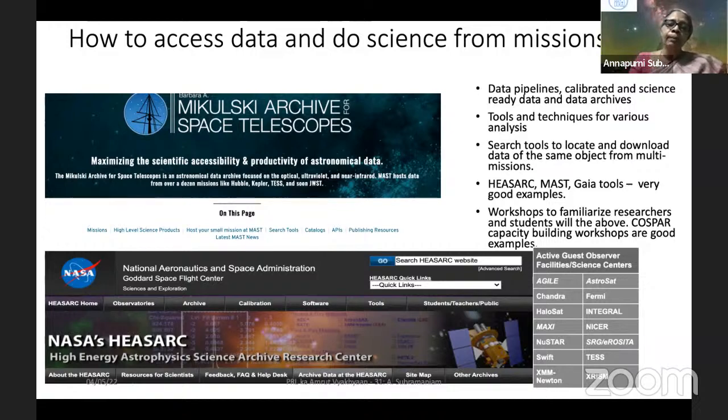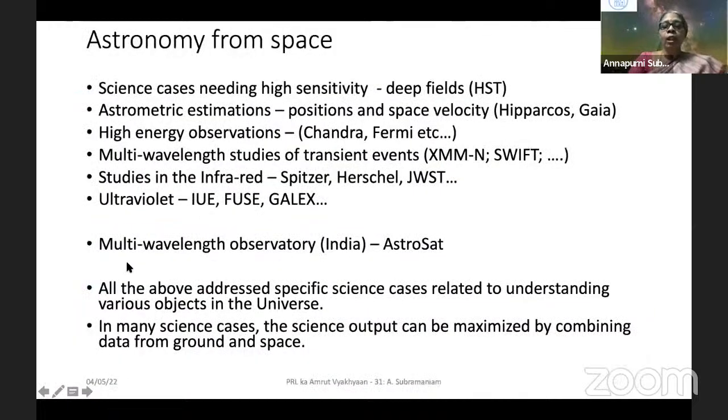So these are also important things which should be available along with missions for their success in producing science. So astronomy from space can be of various types.